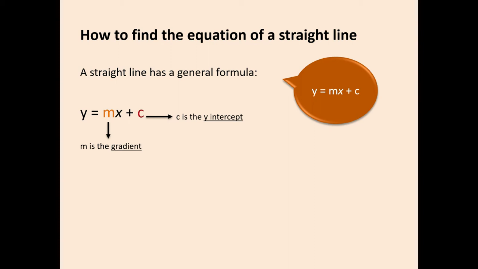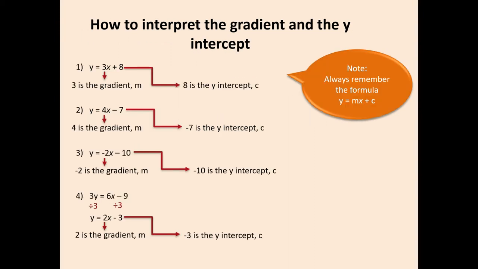So just going through a few equations here, y is equal to 3x plus 8. Remember, the equation of a straight line has the form y is equal to mx plus c. And the reason why we want it in the form y is equal to mx plus c is because it makes it easier for us to identify exactly what our gradient is and what our y-intercept is.